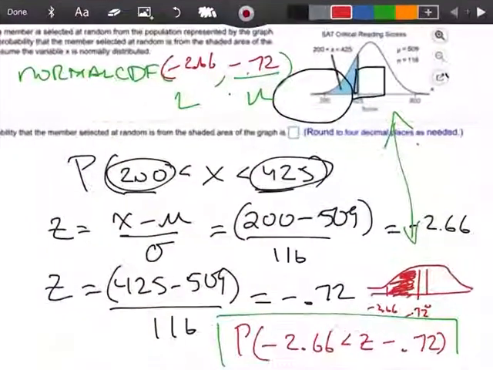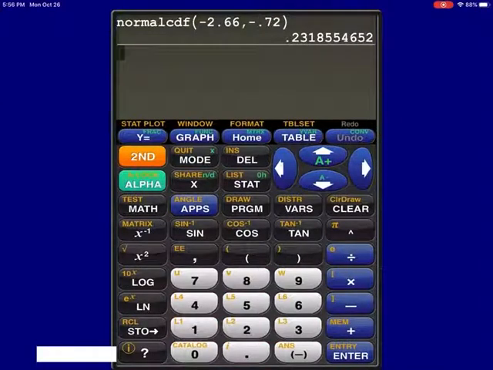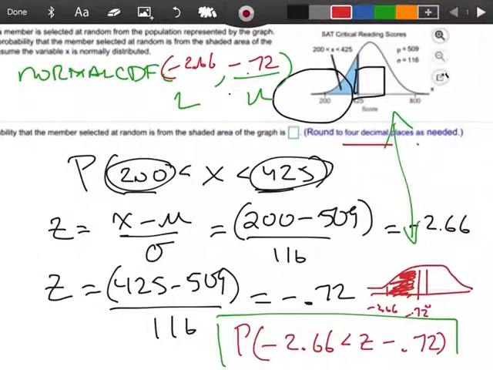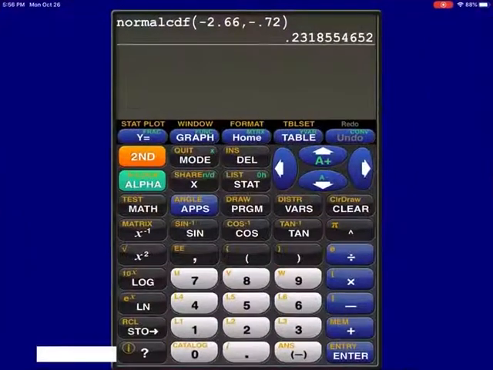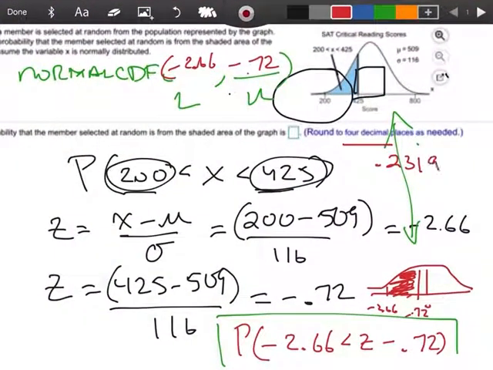Let me double check. Four decimal places right here. So to four decimal places, I would say 0.2319. And so right here, I'm going to put 0.2319. And that's this problem.